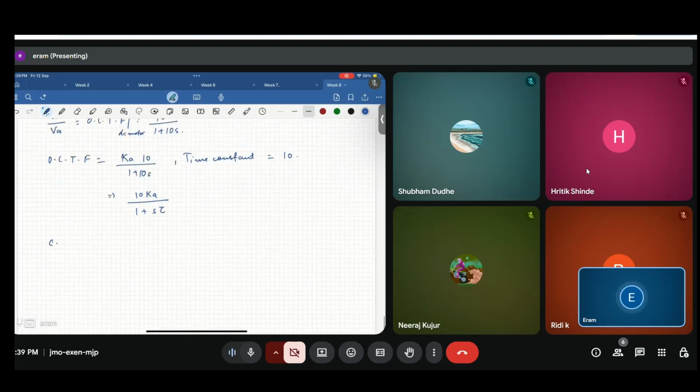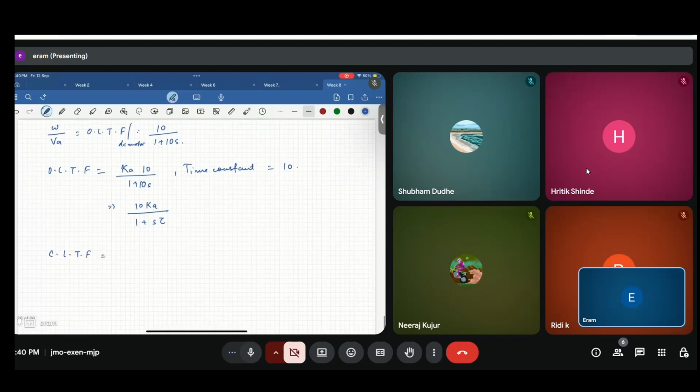Now calculate the closed loop transfer function of this one. It will be nothing but 10 Ka divided by 10s plus 1 plus 10 Ka. Okay. What is the time constant in this case?